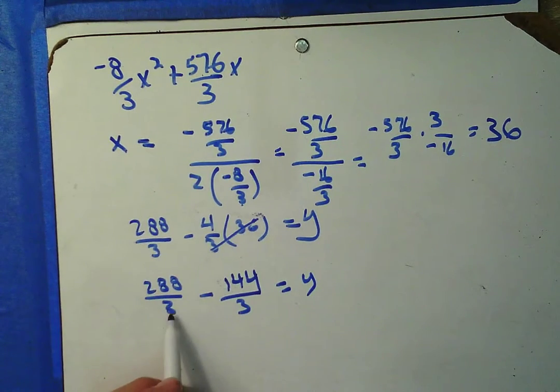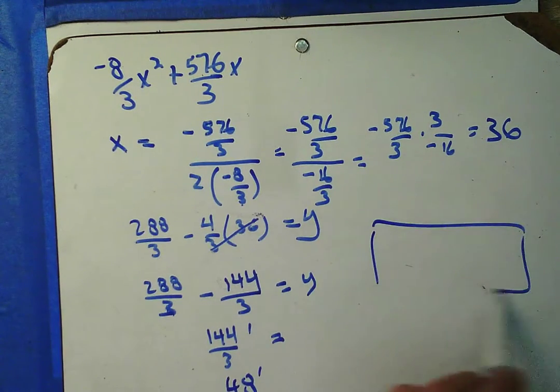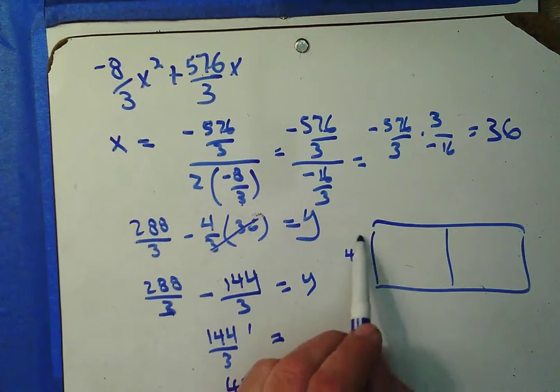And so 288 over 3 minus 144 over 3 is 144 over 3 feet. Okay, and 144 divided by 3 is conveniently enough 48 feet.